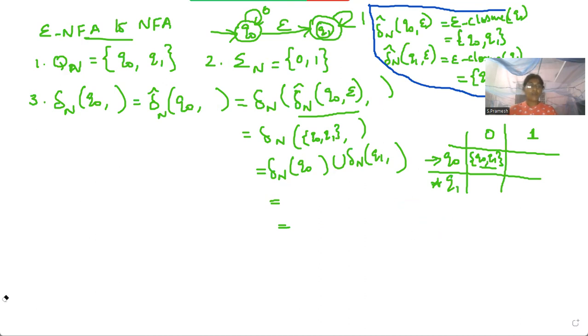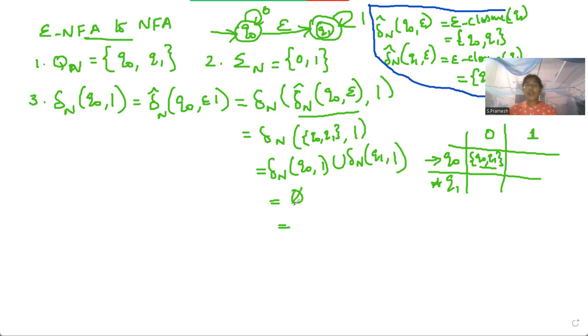Now, Q0 comma 1. So again, Q0 comma empty 1. Here, empty and 1 here. So this value is Q0, Q1 that you can write. And this is 1. So Q0 comma 1, Q1 comma 1. What is the answer for Q0 comma 1?